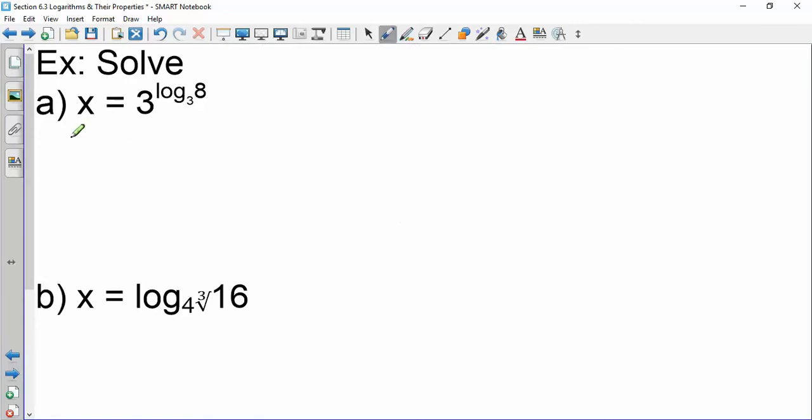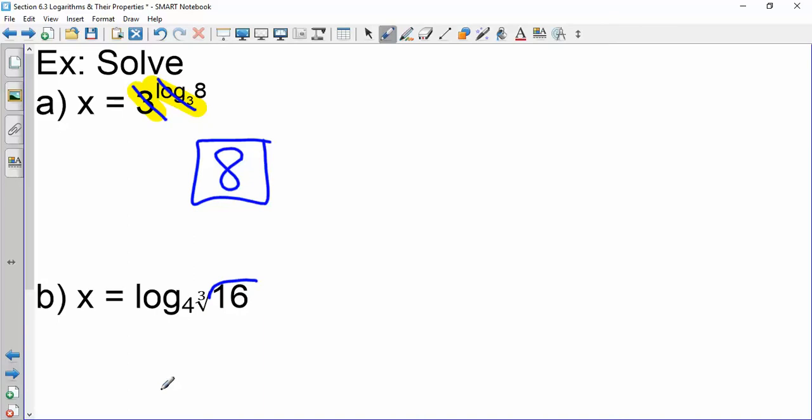So if I have x equals 3 to the log base 3 of 8 power, what's my answer going to be? 8. The 3 and the log base 3, they are the same base, so those just cancel each other out and leave us with the 8. Okay, second one, x equals log base 4 of the cube root of 16. Now this one you may not recognize the property, and if so, that's okay.